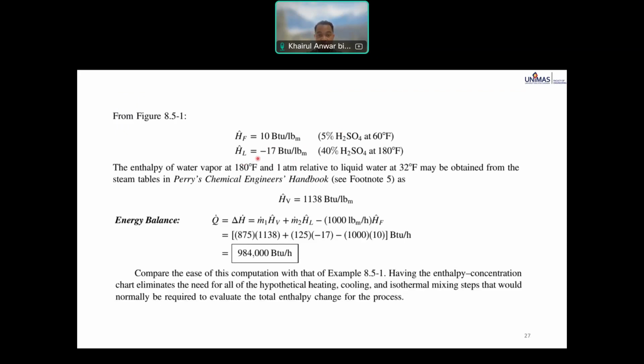The HL here is also from the same chart at 180 degrees Fahrenheit. The enthalpy of water vapor at 180 degrees Fahrenheit and 1 atm relative to liquid water at 32 degrees Fahrenheit may be obtained from the steam table in Perry's Chemical Engineers' Handbook as delta HV equals 1138 BTU per pound mass.